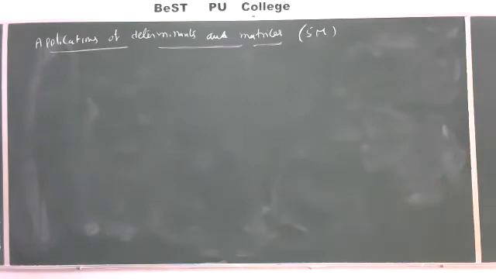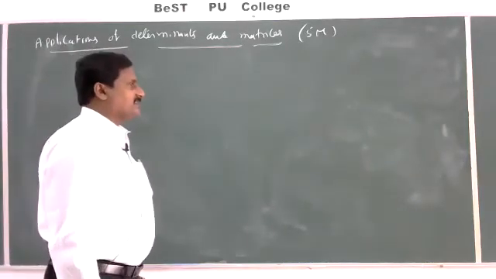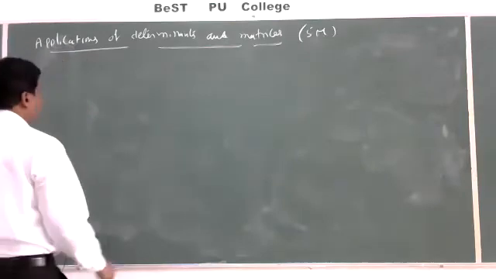They will give 3 linear equations. We can solve the 3 equations by matrix method. What is meant by a linear equation?